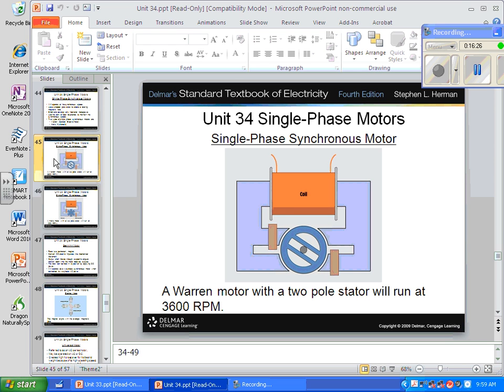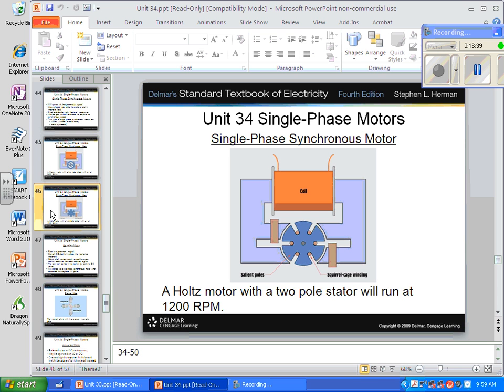Oh, darn, it's going to give it the slide. That's okay. A Warren will run at 3,600 RPM because of the number of poles it has. Now look at this. This has how many more poles? Squirrel cage windings, it's got 6 of them, right?